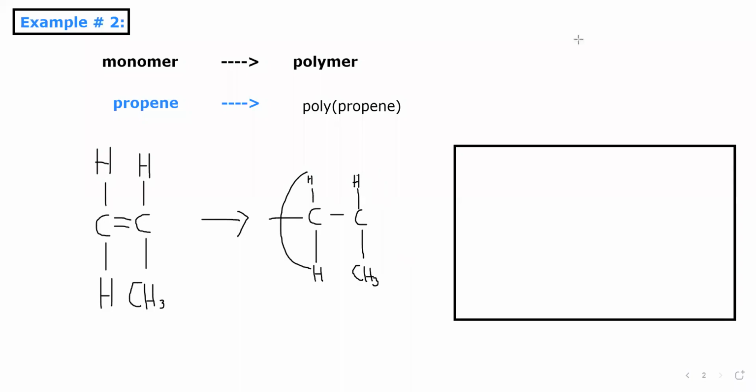Yes, so here, because we will always have two options in the exam. They might ask us to draw two repeated units or three repeated units.